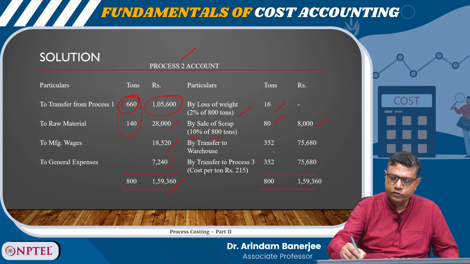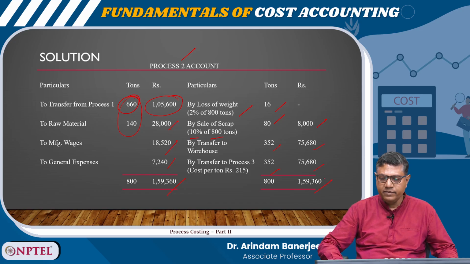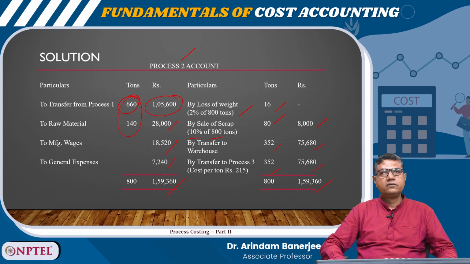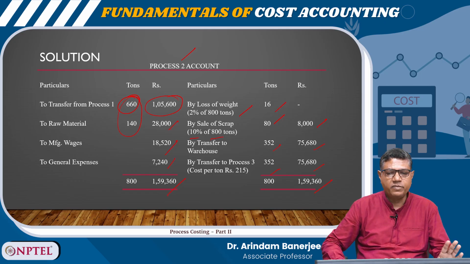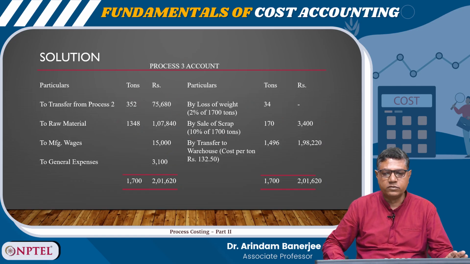So it's coming to 352 and 352 tons, the amount is 75,680 and 75,680. The total is 1,59,360. Okay, fine, so this is my process 2 account.